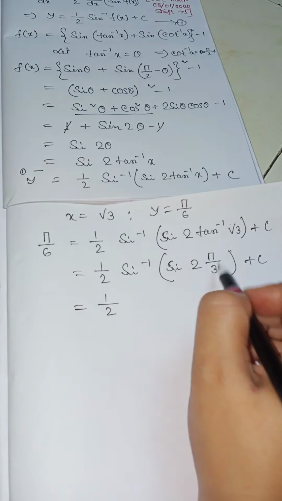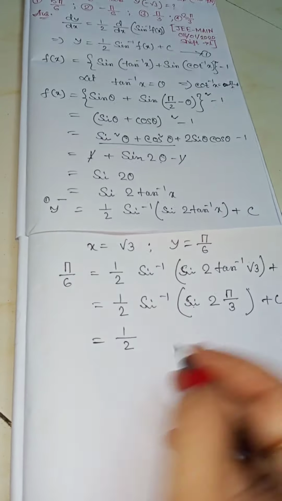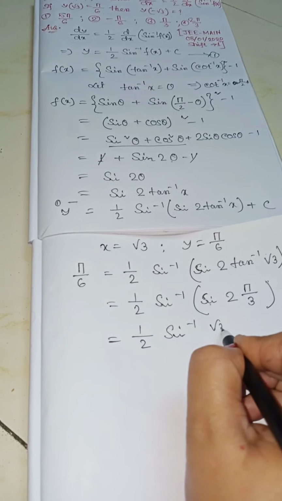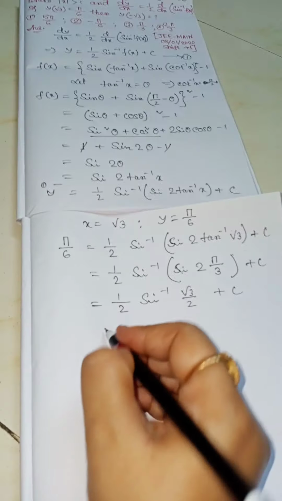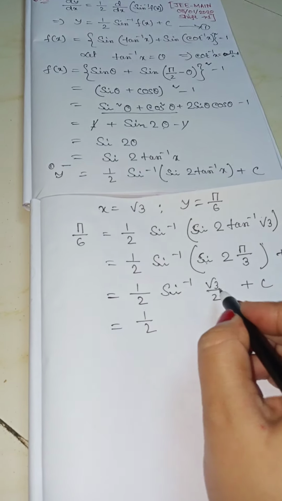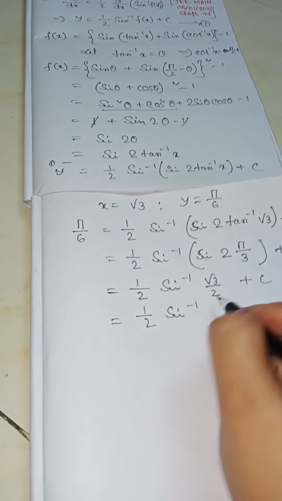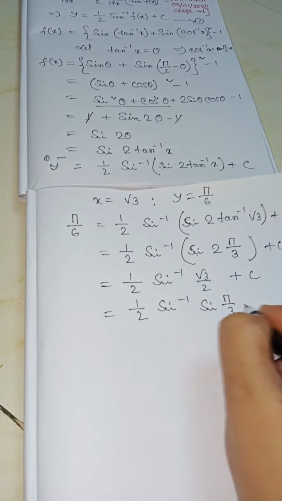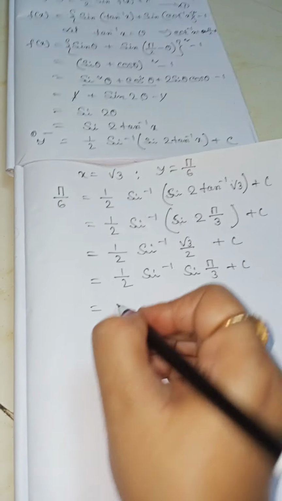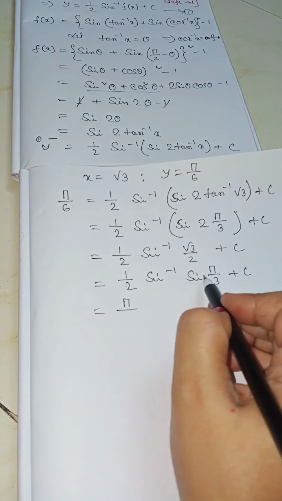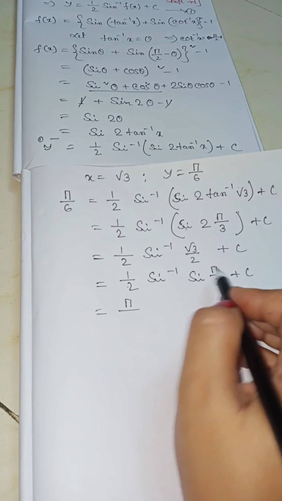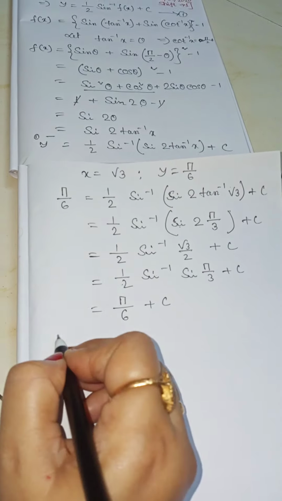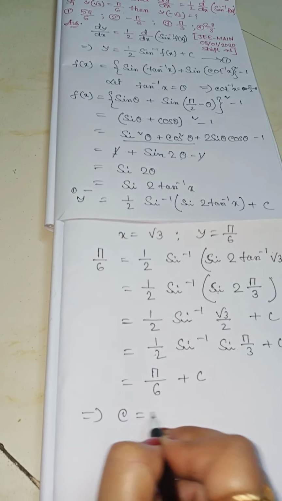We know √3/2 = sin π/3, so sin⁻¹ sin π/3 is only π/3, and with the half, it becomes π/6 + c. That implies c = 0.